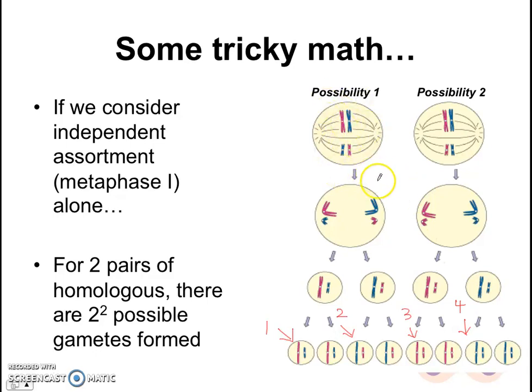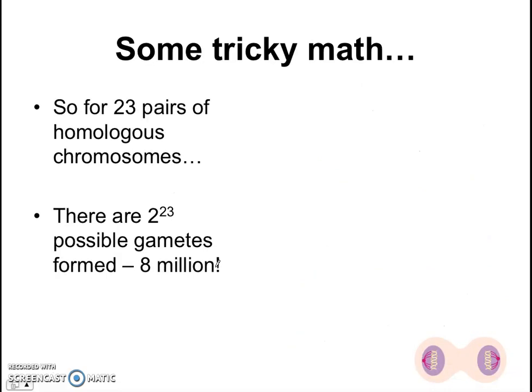So if you have 2 pairs of homologous chromosomes, we have 4 possible gametes, 2 squared, right? So if we have 23 pairs of homologous chromosomes, like in human beings, there are actually 2 to the power of 23 possible gametes, right? Which is 8 million possible gametes that can be produced. And that's just with independent assortment. I haven't even considered crossing over yet.